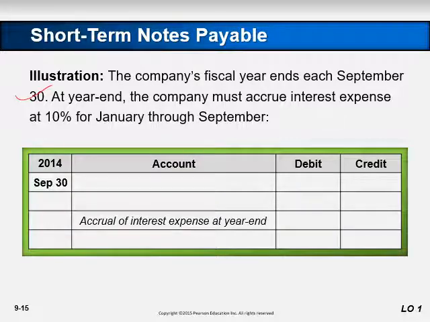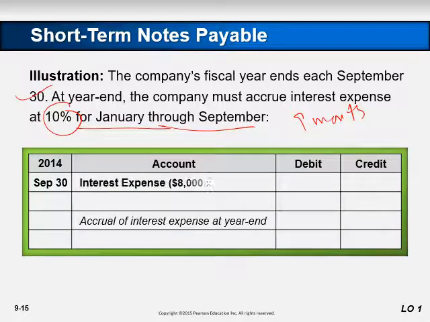So at the year end, the company must accrue interest at 10% for January through September. So see here, you purchased in January and there are like 9 months here. But this 10% is written on an annual basis. So how are we going to treat that expense? The expense is going to be 600.